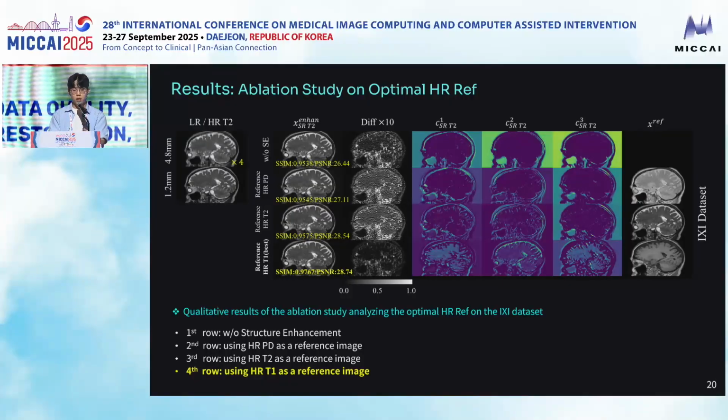From the IXI datasets, the fourth row using high-res T1 as a reference produced the most coherent and consistent results. And we also observed that high-res T1 provides the most dynamic structural features, making it the most effective reference modality.